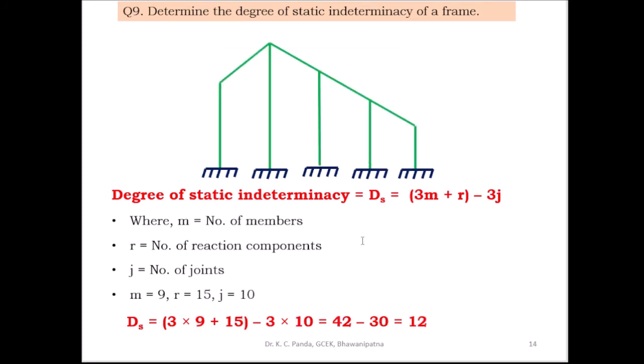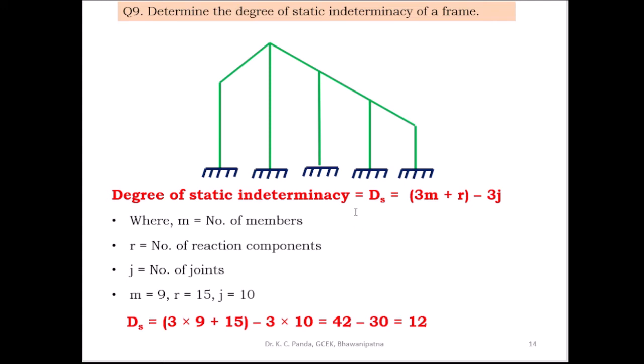Then coming to the next example, determine the degree of static indeterminacy of a frame. So this is the frame, and here these are the supports, 5 supports, all are fixed supports, and these are the members, and these are the joints.